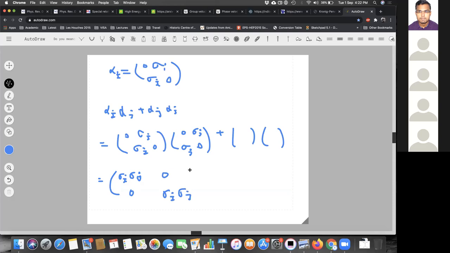Okay. So this is what you got here, and for alpha j, the first entry means sigma j is here and sigma i is here. It will be just in opposite order, means it's just an interchange of these two.